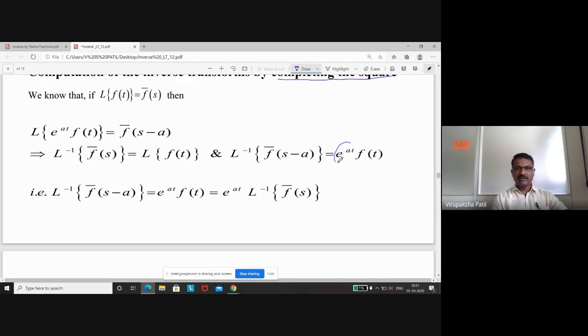You have to use the shifting property in the reverse way. That is, you should express the denominator in terms of s minus a or s plus a, and likewise whatever you get in the denominator, the same term you should get in place of s in the numerator. That manipulation we are going to do in the numerator.